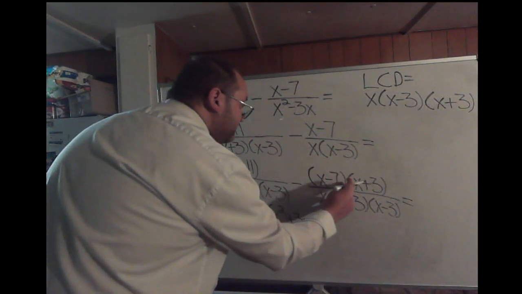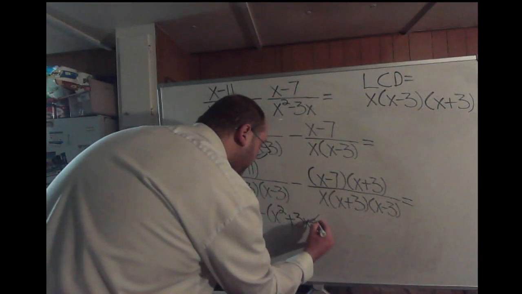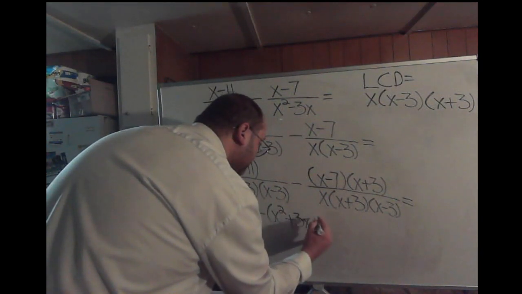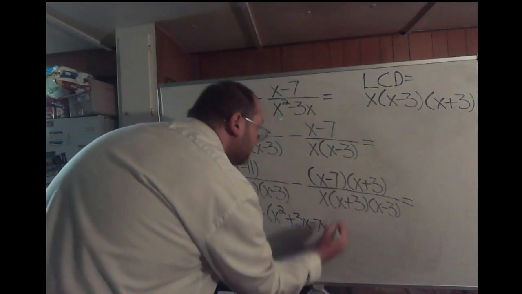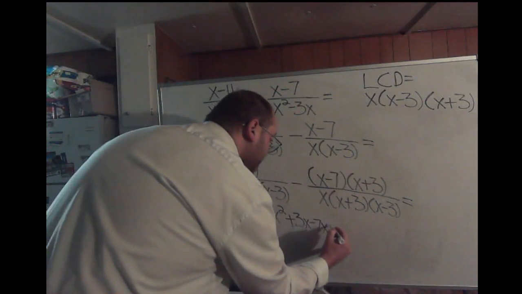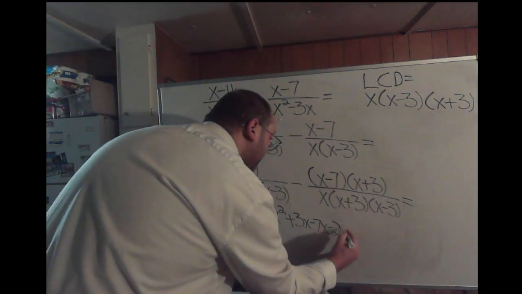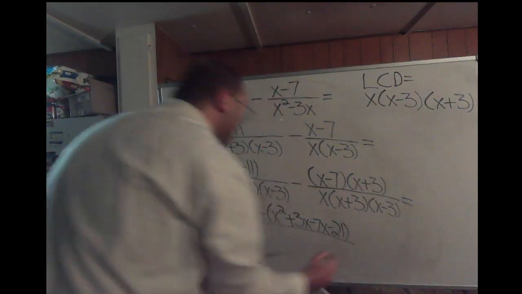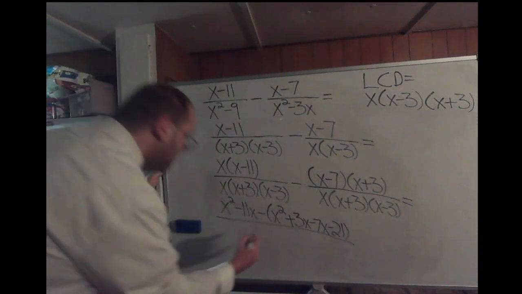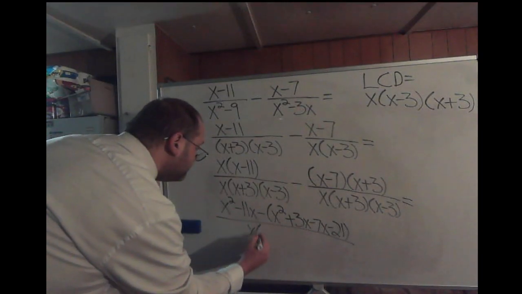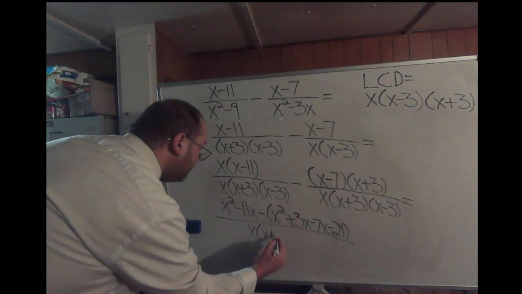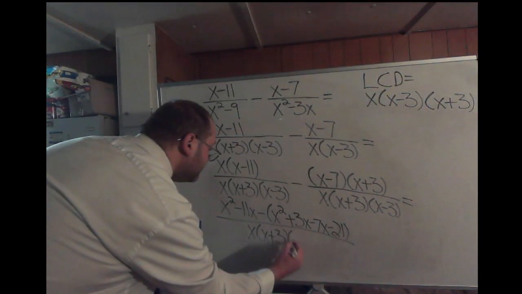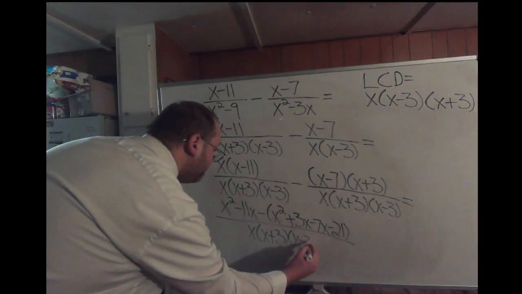Then negative 7 times x, that's negative 7x. Then negative 7 times positive 3, that's negative 21. You'll end up having that all over x times x plus 3 times x minus 3.